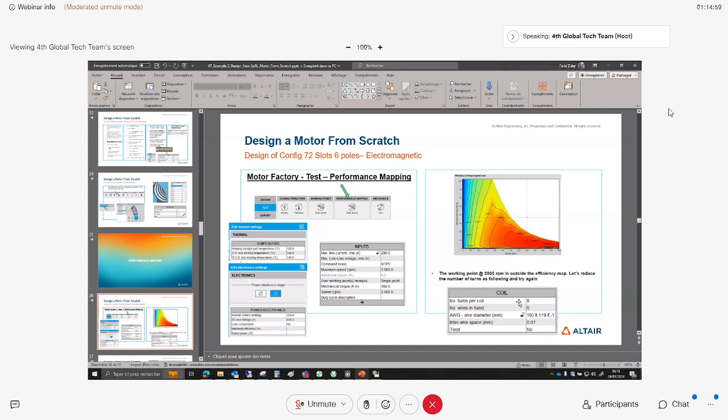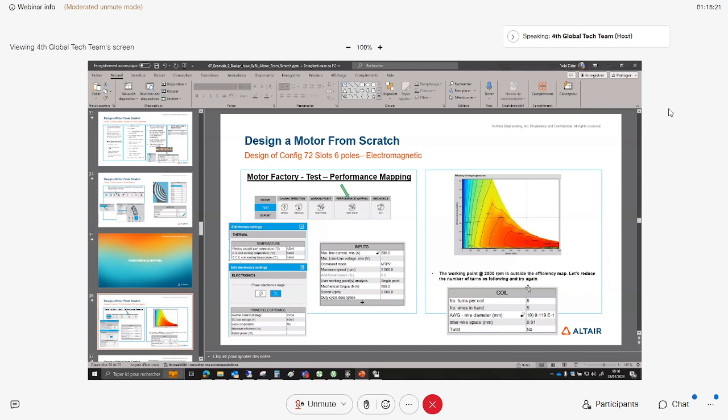So if we move to 8 turns, so it's not decreasing here, but increasing the number of turns, and then this torque will decrease.